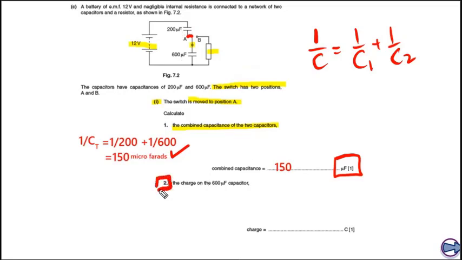This is C2. You can see here we need to find the charge on the 600 microfarad capacitor now. As we understand, these two capacitors are connected in series, so it means they have the same charge. This is the key concept.